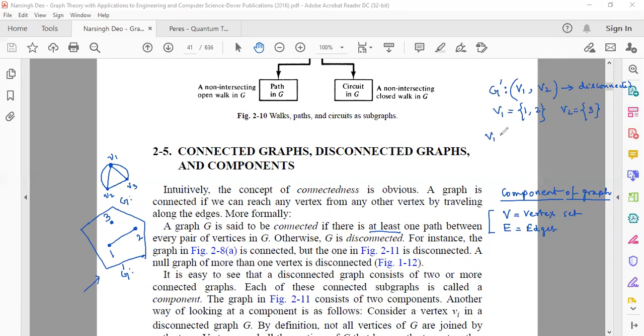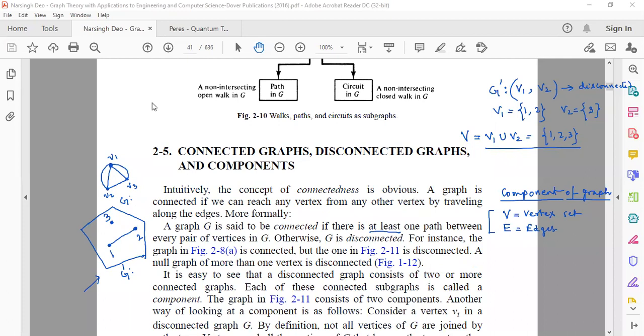And when we combine V1 and V2 together by the operation union, we get 1, 2, and 3, which define all the vertices of the graph G prime. And we can name this vertex set as V. So the combination of these two vertex sets gives you all the vertices of the graph G prime.